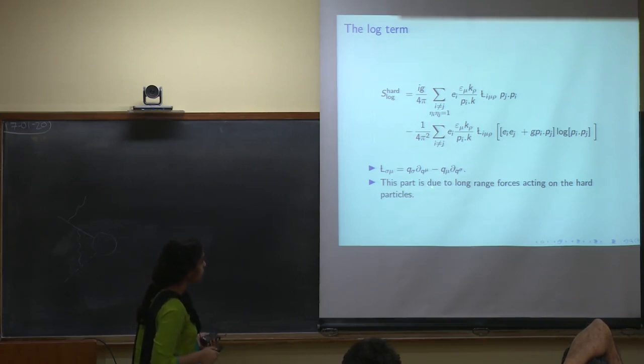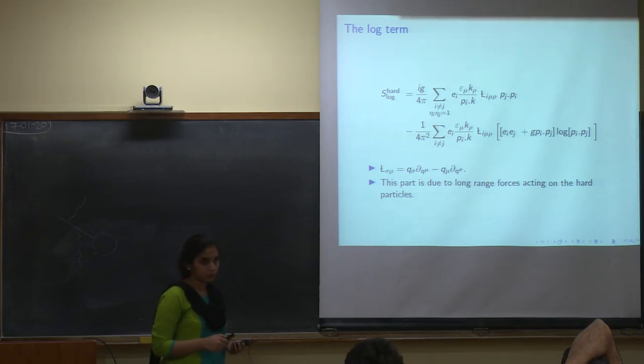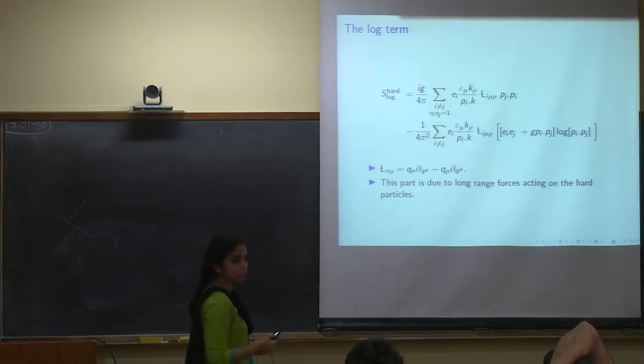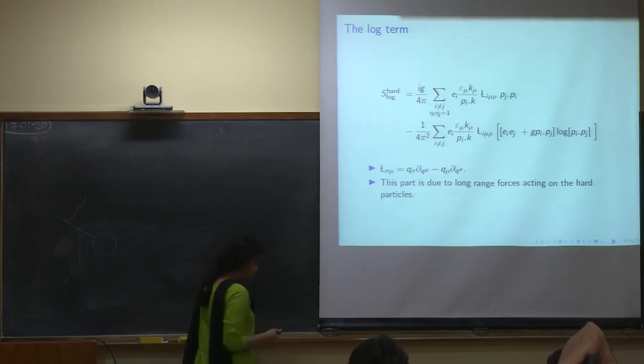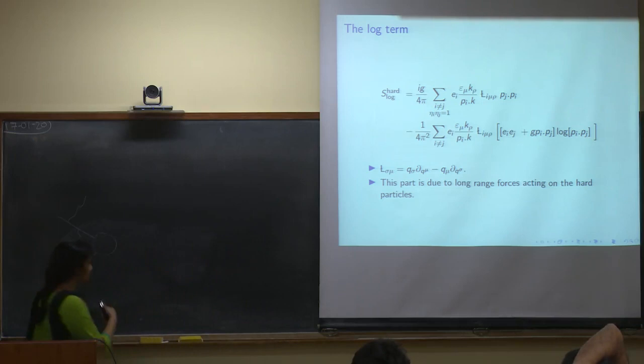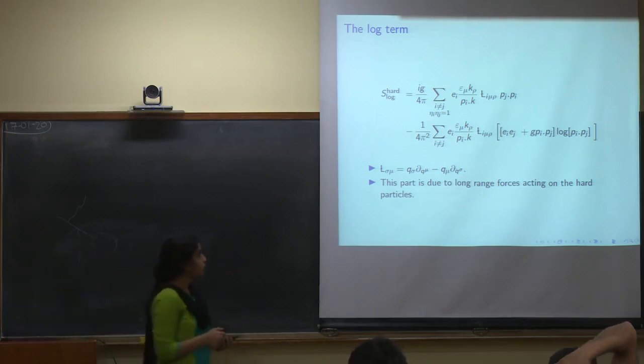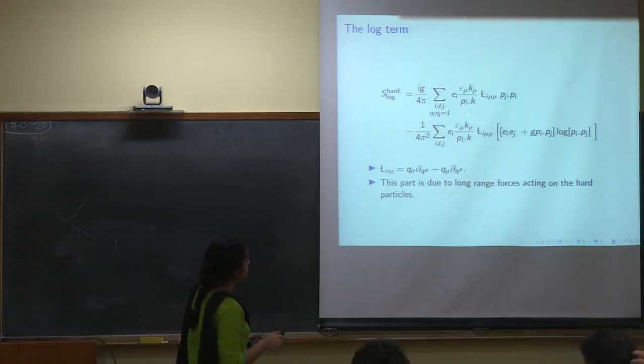So this term is actually due to the long range forces that act on the hard particles. And if we look at this term, unlike the usual soft factors, it is a sum over i and j. It is a sum over pairs of particles because it represents interactions of two particles. This term comes because of the ith particle.